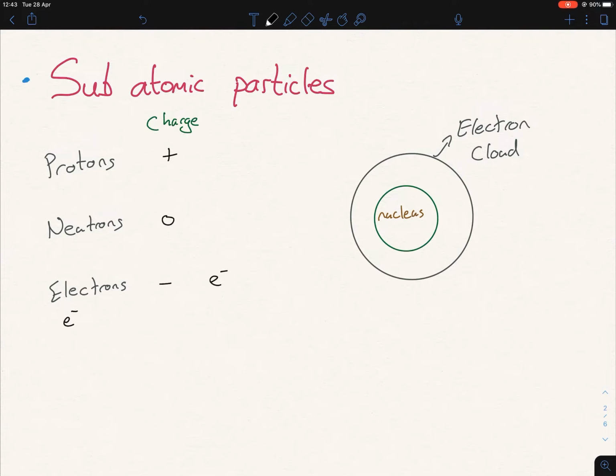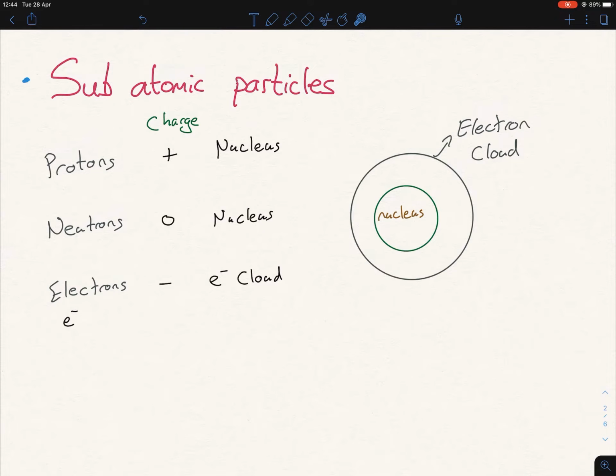And the neutrons and the protons, they are both found in the nucleus. And that's really all you need to know in respect to protons, neutrons, electrons for where they're found.